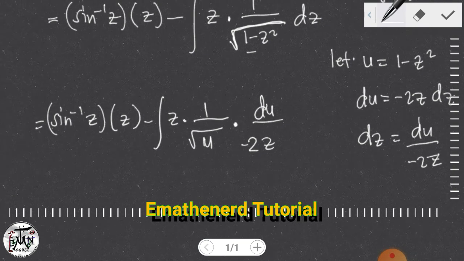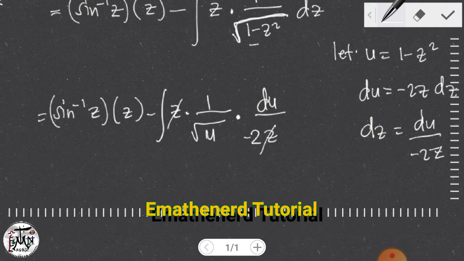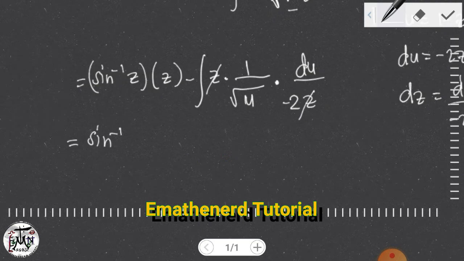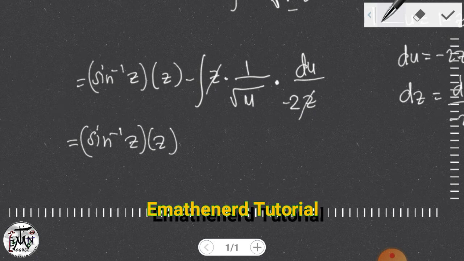Let's cancel the z. So we have sine inverse z times z, and the negative makes it positive.